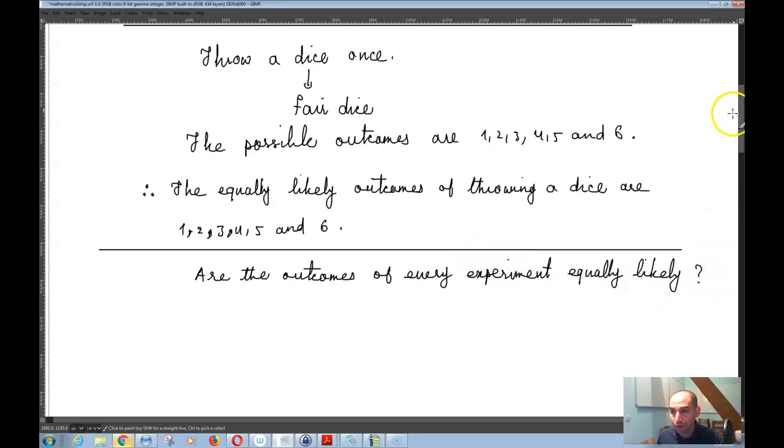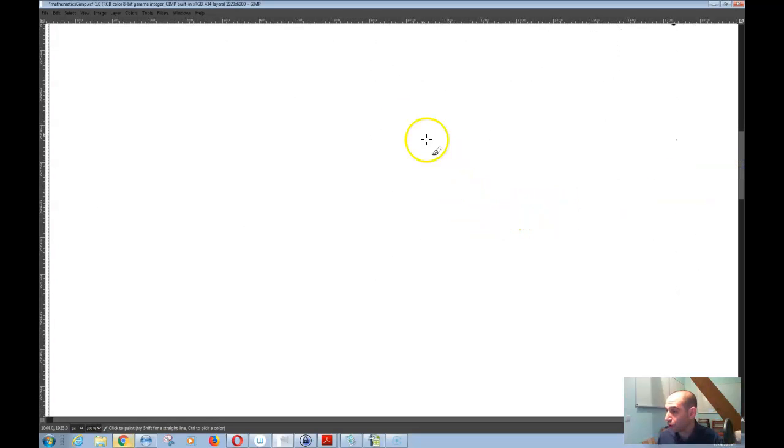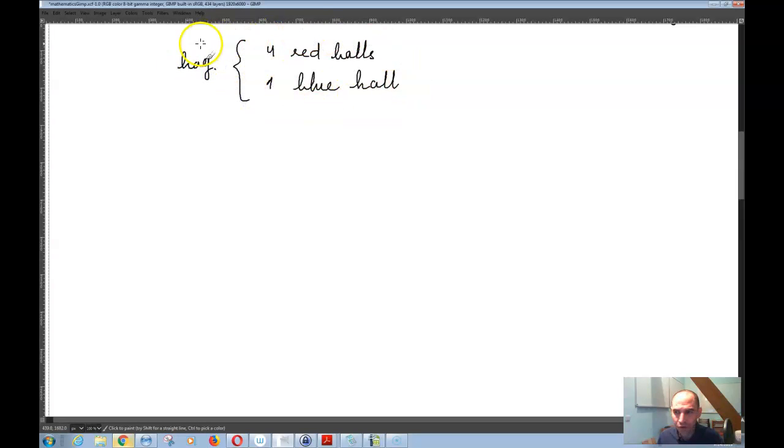You have 4 red balls and 1 blue ball in a bag, and you just draw one of those balls without ever looking into the bag. So what are the outcomes?